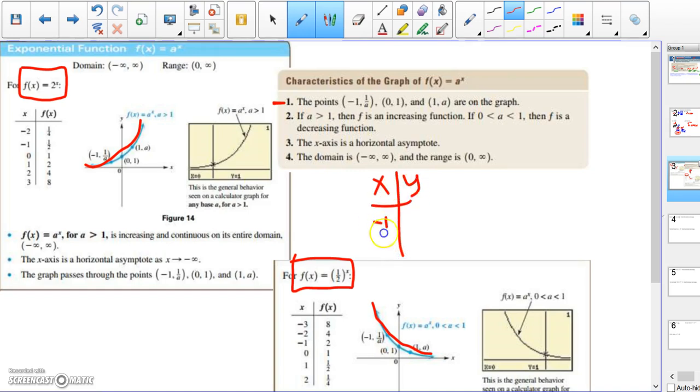So good numbers to try are -1, 0, and 1, but you might try others if it helps to draw the graph. And so then they're telling you if it's increasing, okay, this is growth and this is decay. And there's a horizontal asymptote at the x-axis, that is unless there's a shift going on. And then we're going to talk about the domain and the range. So the domain for either of these is all real numbers, and the range looks like it's from 0 to positive infinity.